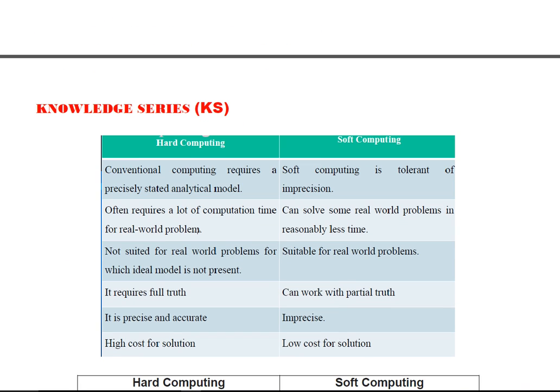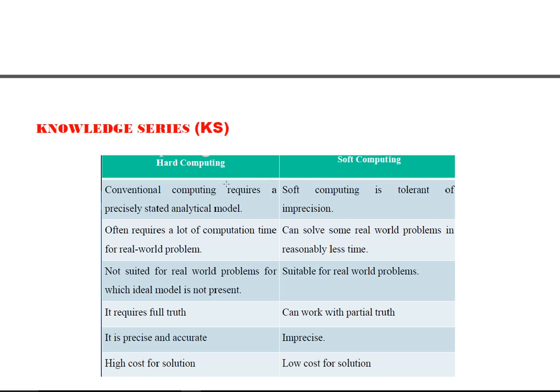So let's see some forms of hard and soft computing. In the form of hard computing, we give terms that hard computing is a conventional computing which requires a precise state and analytical model.